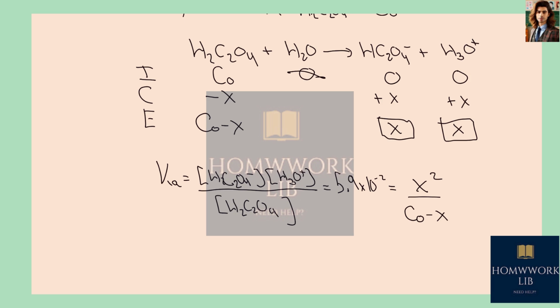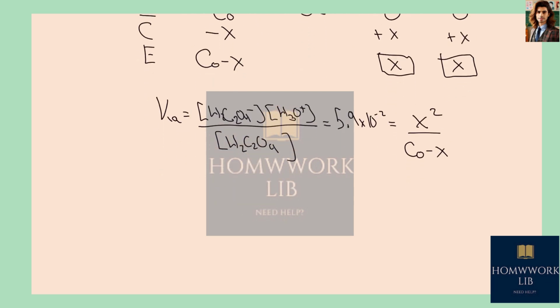Now, in this case, our value for Ka is not small enough to make the approximation that C0 minus x is equal to C0. So for this scenario, we're going to solve the full equation. Just for the sake of simplicity, I'm going to use Ka instead of the number, just to make it less confusing. So the quadratic expression that comes from this becomes x squared is equal to Ka times C0 minus x, which is Ka C0 minus Ka x.